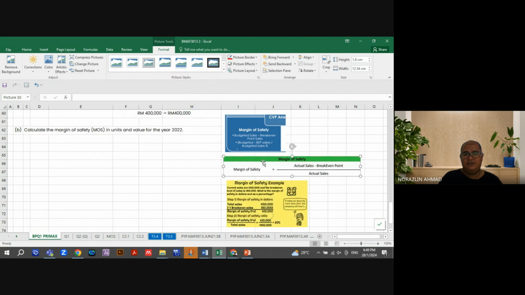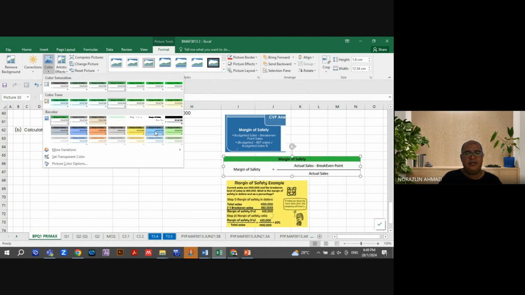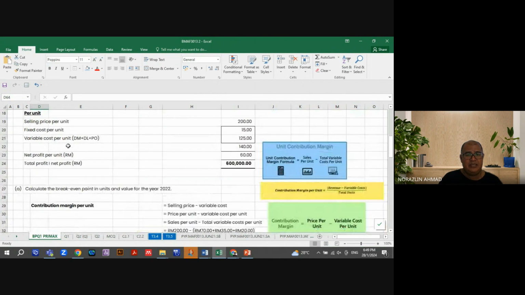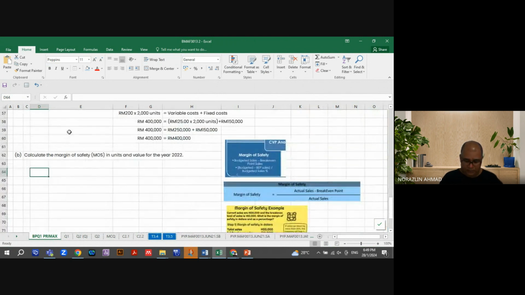Calculate the margin of safety in unit and value. MOS, margin of safety per unit.